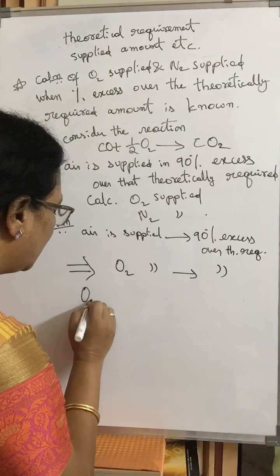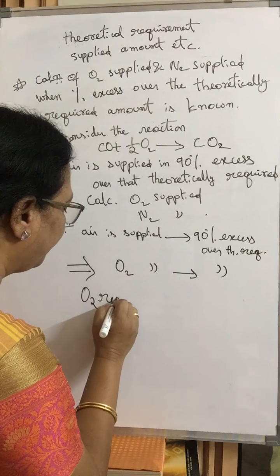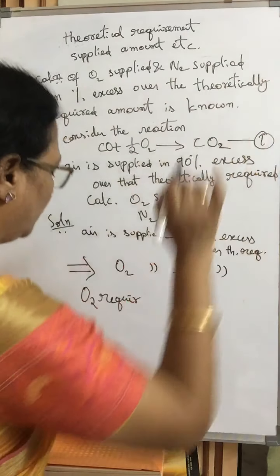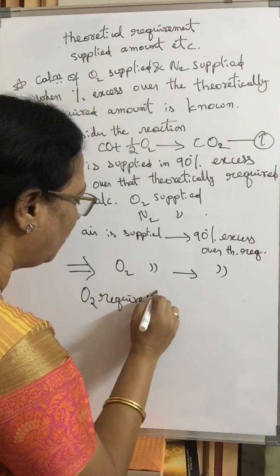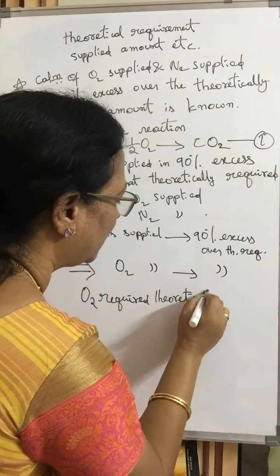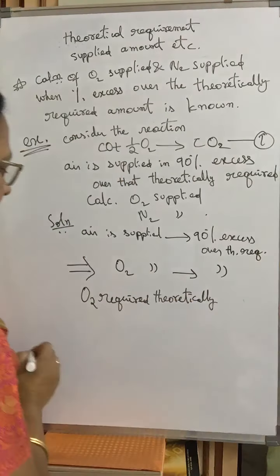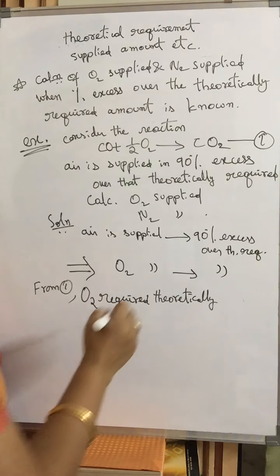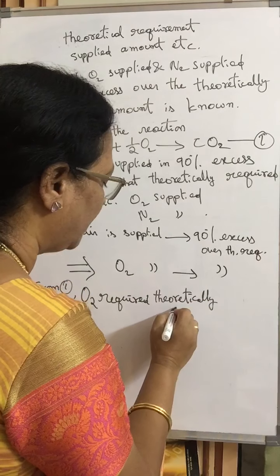So oxygen required, let it be from reaction 1. Oxygen required theoretically. This is from 1. Required theoretically means what?